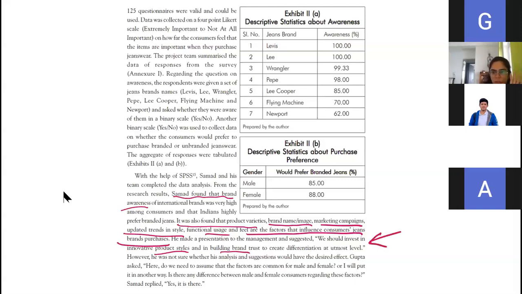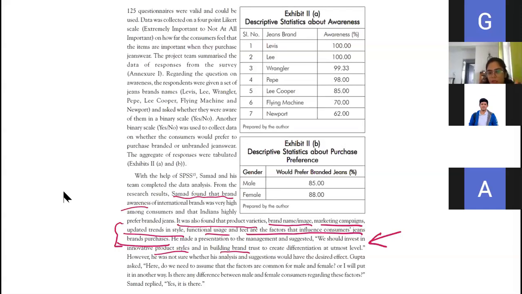Factor analysis gave us these factors, which are the things that people look for when they are buying jeans. He said we should invest in product styles and building brand trust to create differentiation at utmost level. However, he was not sure whether his analysis and suggestions would have the desired effect.